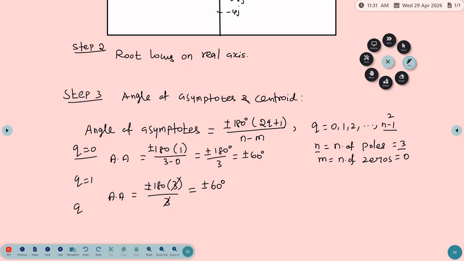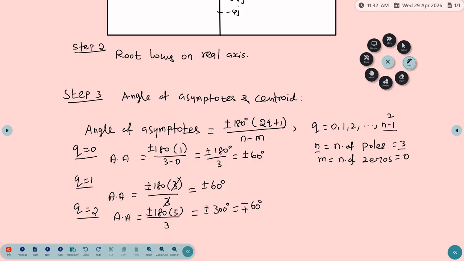Then if q equal to 2, the angle of asymptotes equal to plus or minus 180 into 5, so 2 into 2, 4 plus 1, 5 divided by 3. We can cancel 3 with 180, that means 60, and 60 into 5 is 300 degree. So we can write minus or plus 60 degree. That means plus 300 equal to minus 60, minus 300 equal to plus 60.